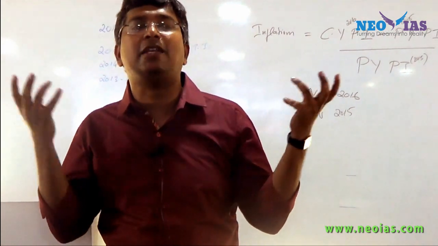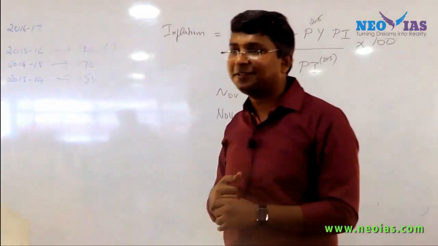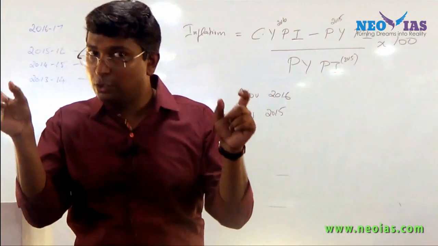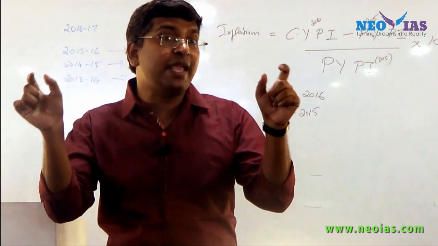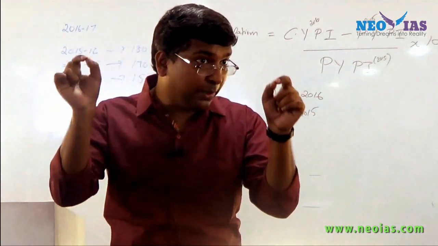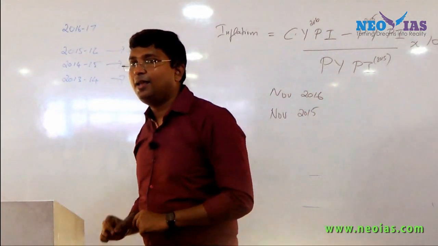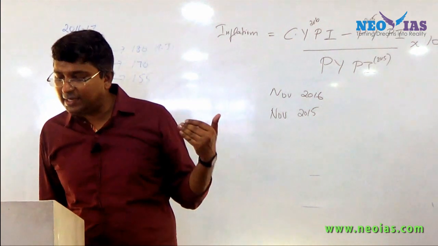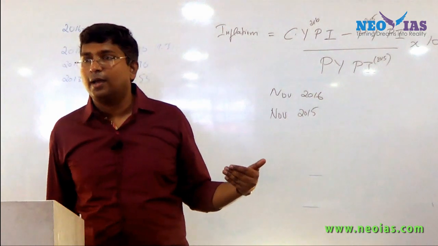But what happened to the rate of inflation? There is a big difference. What is the reason? See the previous year index in both the cases. The increase is 10 only, but in one case the previous year index is 110, and in the second case the previous year index is 180.